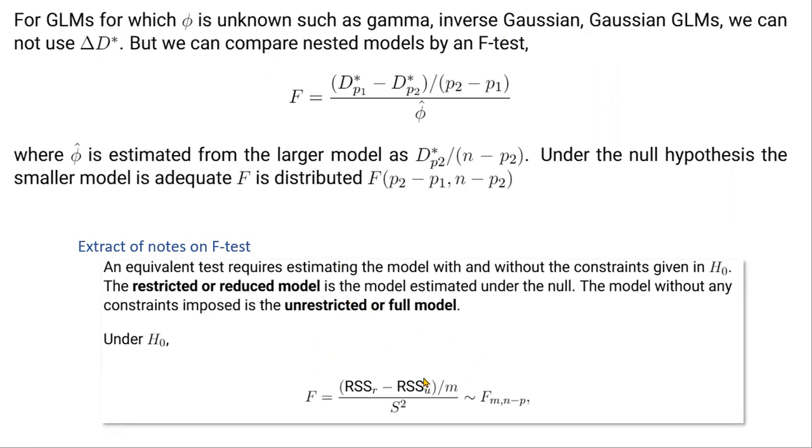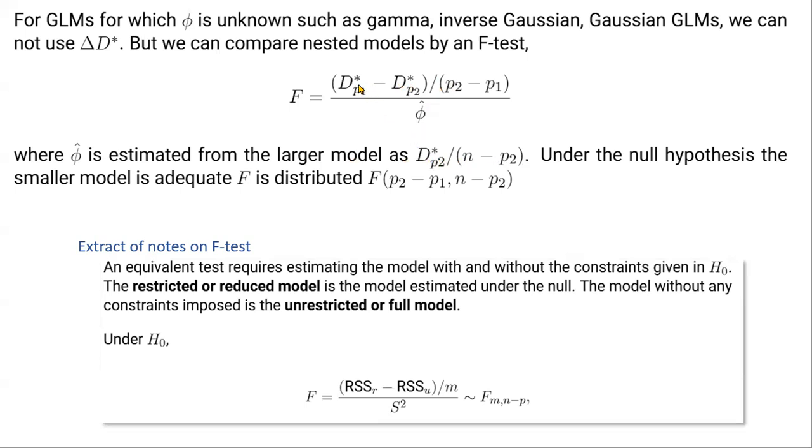It's the difference in residual deviance, divided by the difference in number of parameters, in other words the number of restrictions, divided by an estimate of phi from the larger model.